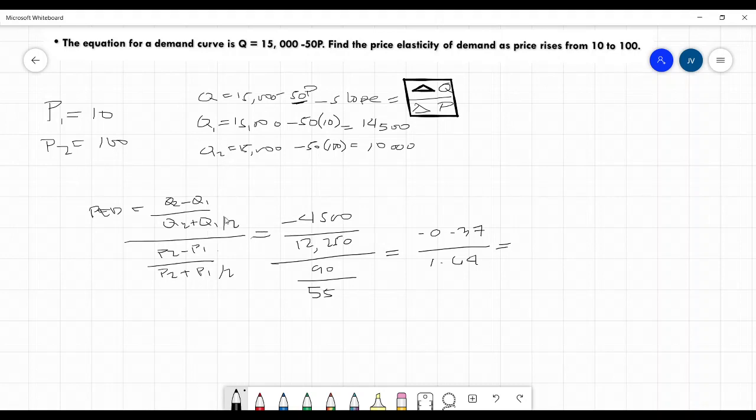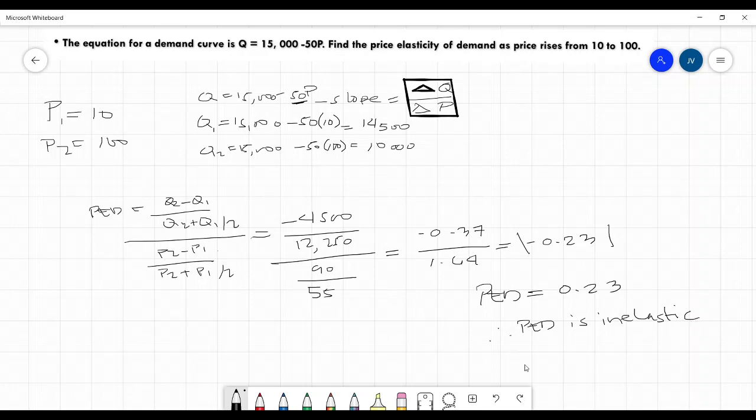And then, ako na lang substitute and solve, and then I got this negative 0.37 divided by 1.64. That's 0.23 something. Negative 0.23. Absolute value, our PED is equals to 0.23.